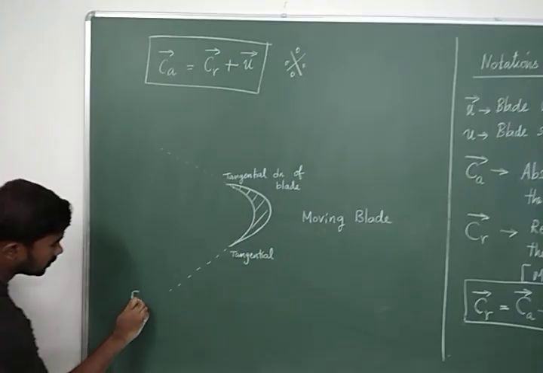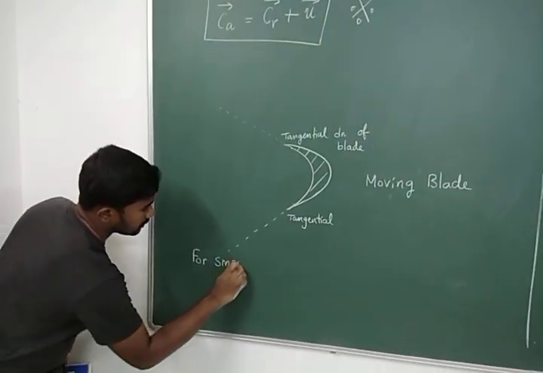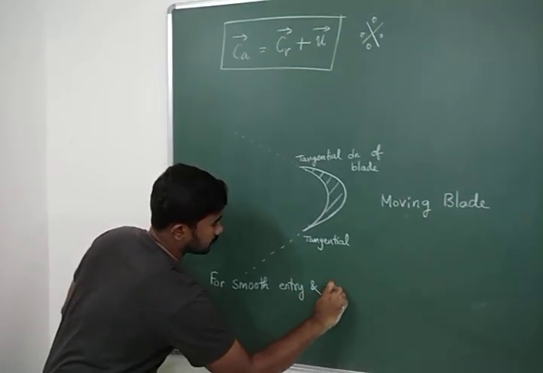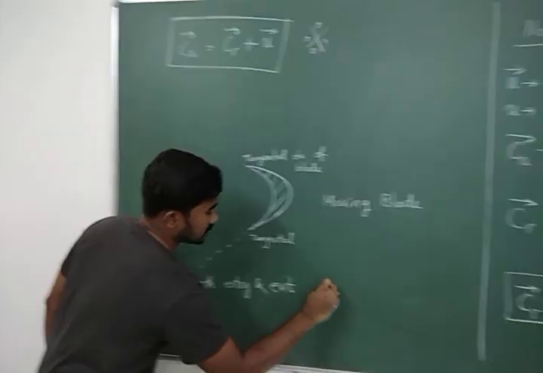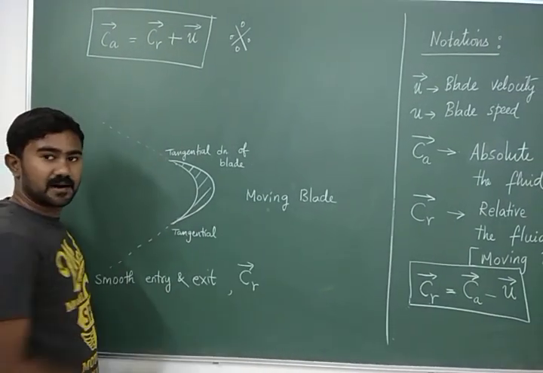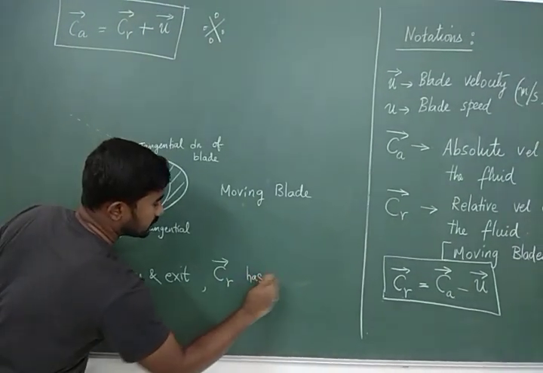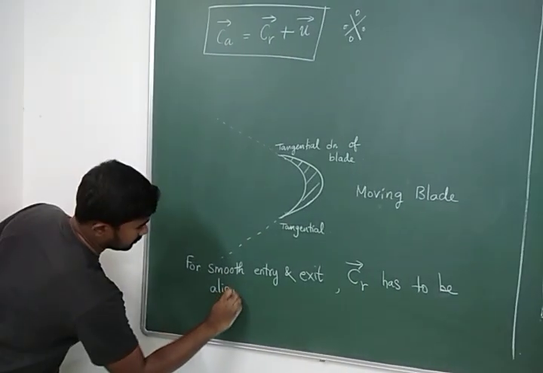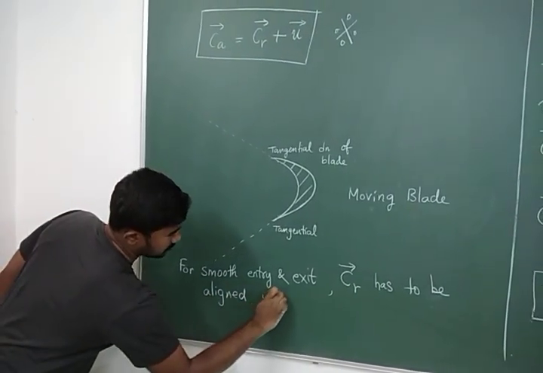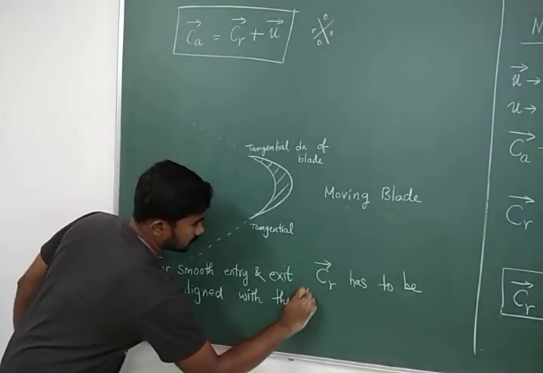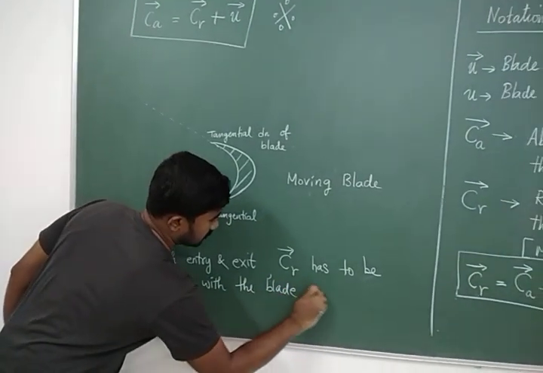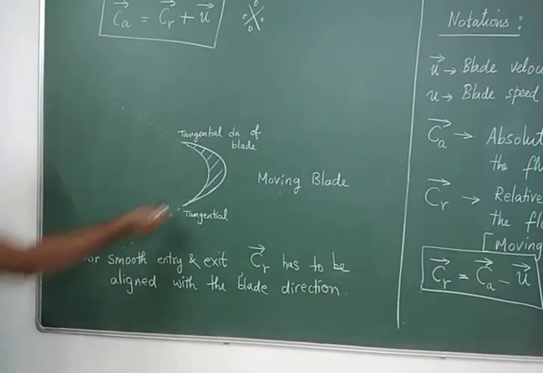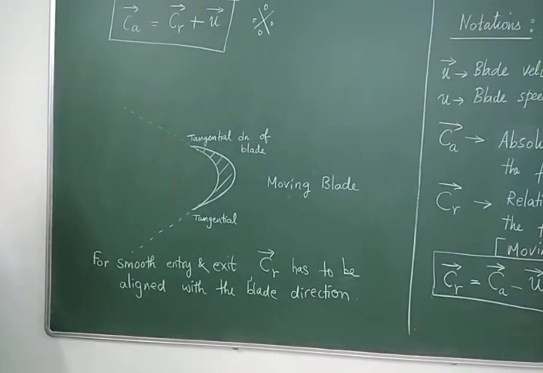So, for smooth entry and exit, the relative velocity CR has to be along these tangential directions to the blade.